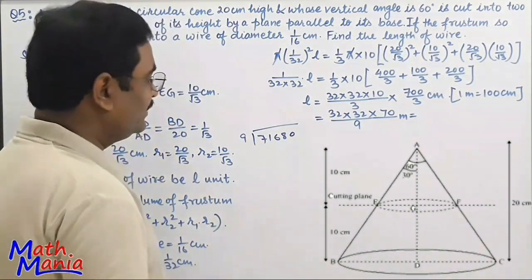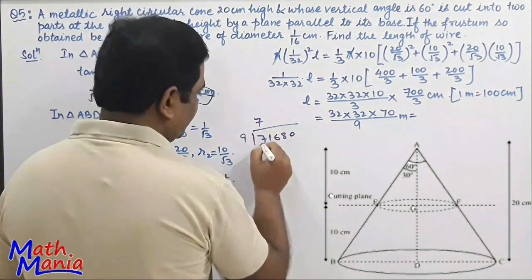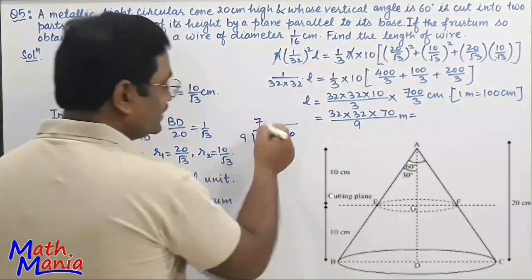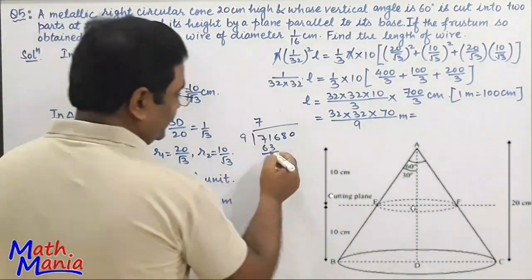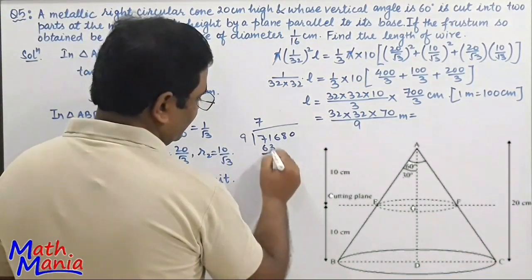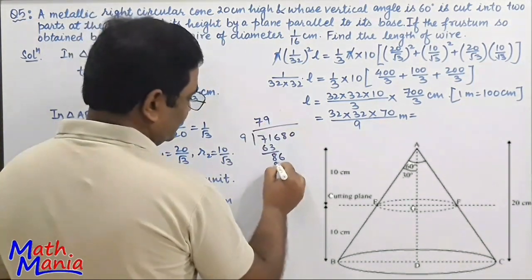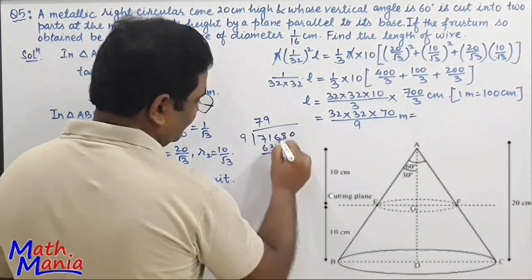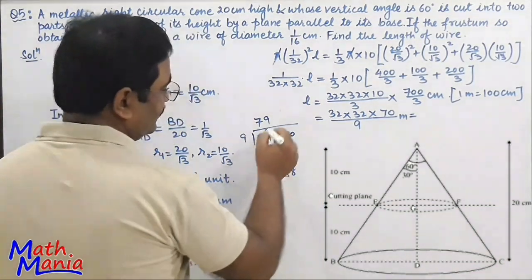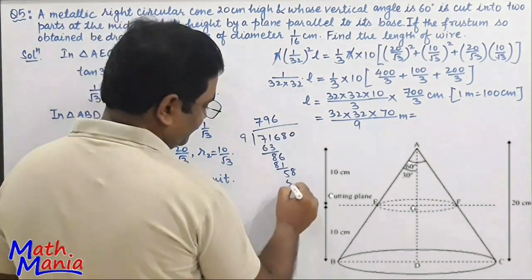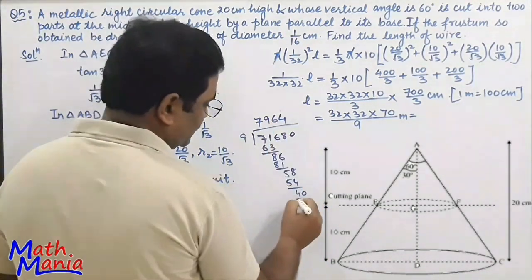So 9 7s are 63, because 9 8s are 72, which is more than 71. 7 plus 1 is 8. 9 9s are 81. 9 6s are 54, 9 4s are 36.